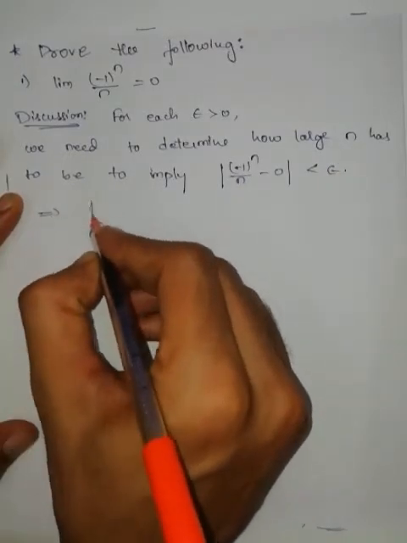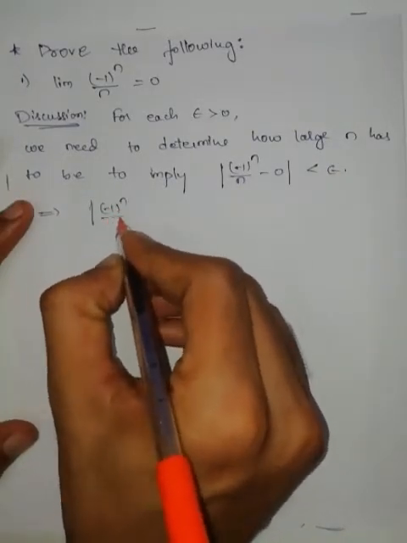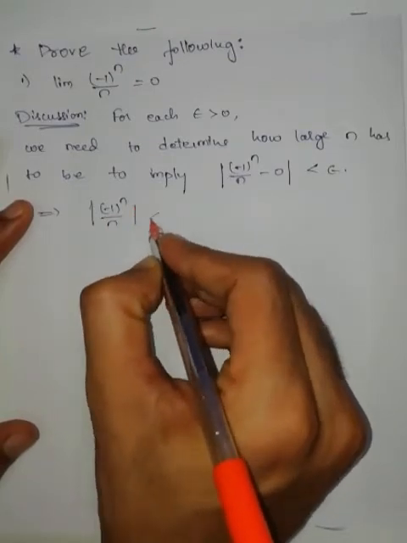This implies modulus of (minus 1 to the power of n by n) is less than epsilon.